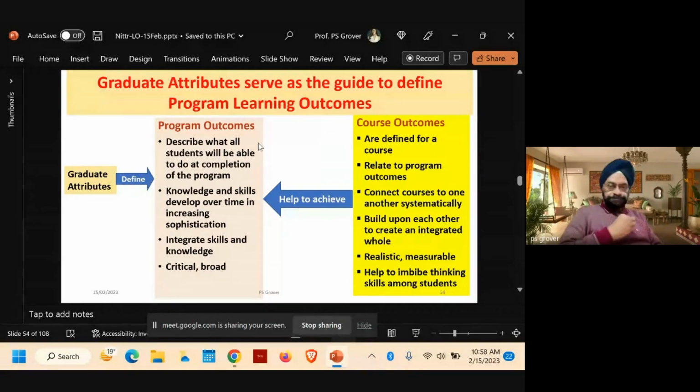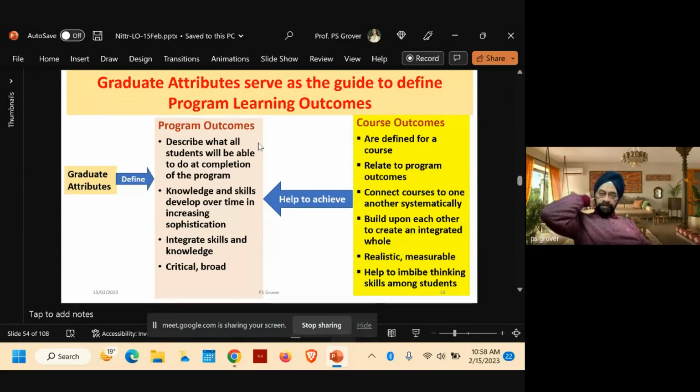Now, program outcomes provide us the clue of what kind of curriculum we should have, what kind of courses we should have, and what kind of extracurricular activities we should have. So course outcomes come from the syllabus. From the syllabus, we come up with the course outcomes. Now, those course outcomes help us realize the program outcome.